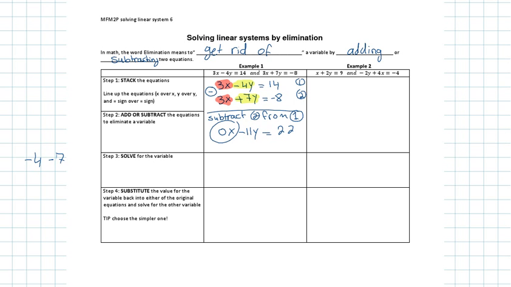So basically, I have negative 11y equals 22. How can I solve for y? Divide by negative 11. That's right. Because I want to get rid of that negative 11 with a y. Right? Bring it over, becomes division. What's 22 divided by negative 11? Negative 2.